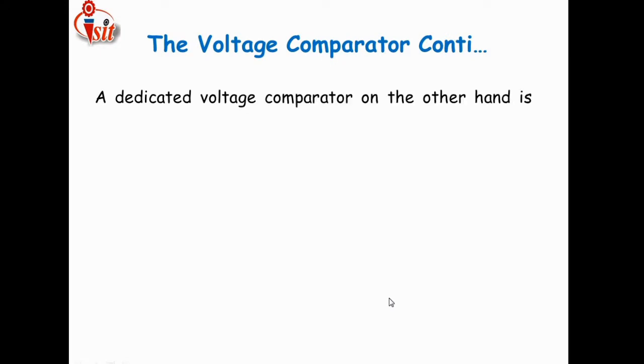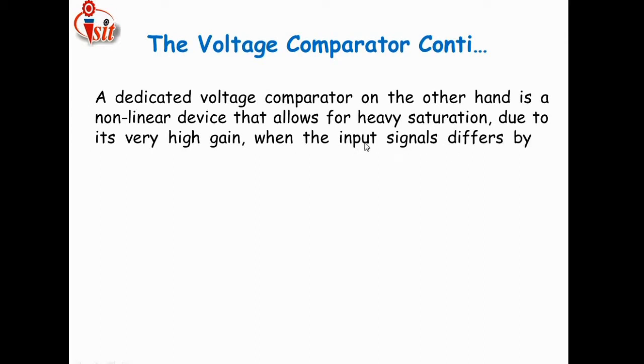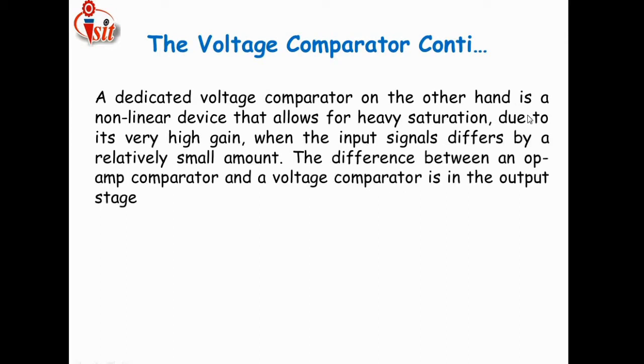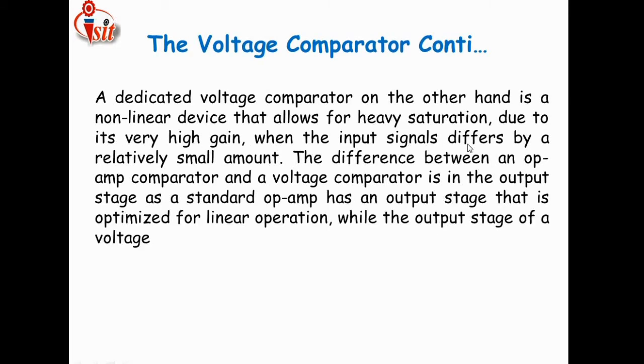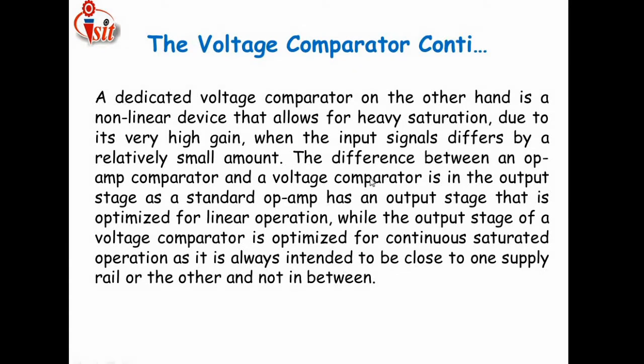Along with that, a dedicated voltage comparator, on the other hand, is a non-linear device that allows for heavy saturation due to its very high gain when the input signals differ by a relatively small amount. The difference between an op-amp comparator and a voltage comparator is in the output stage.